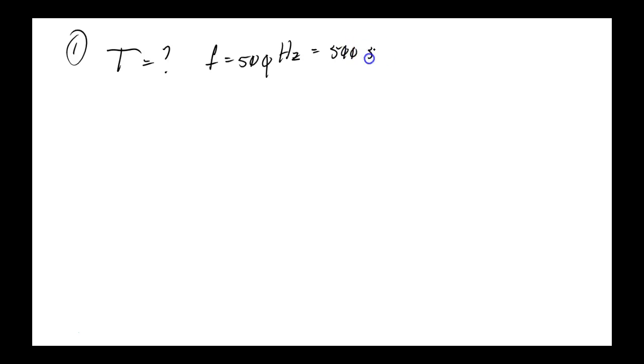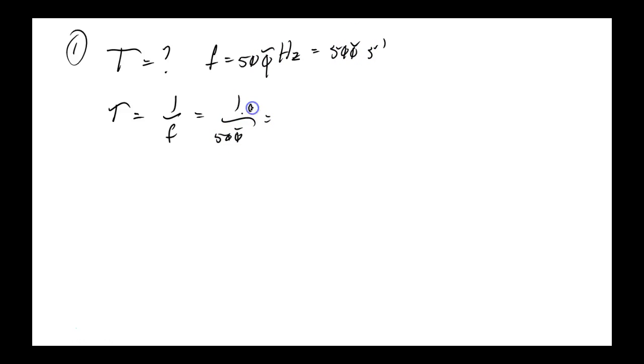That's a per second, 1 over second. Pulses per second, cycles per second, something per second. That's what we were dealing with before. So period is equal to 1 over frequency, the reciprocal of that.